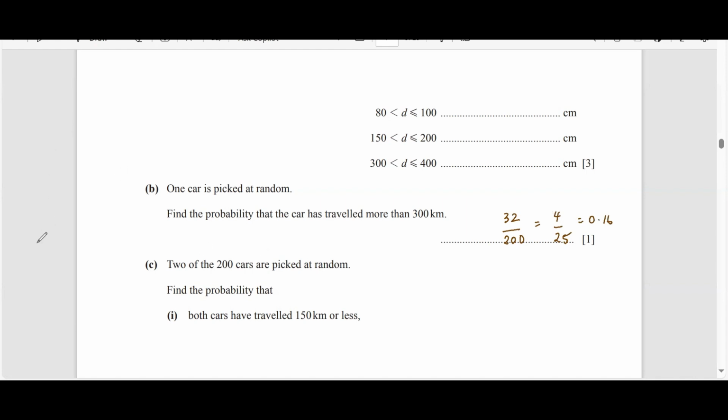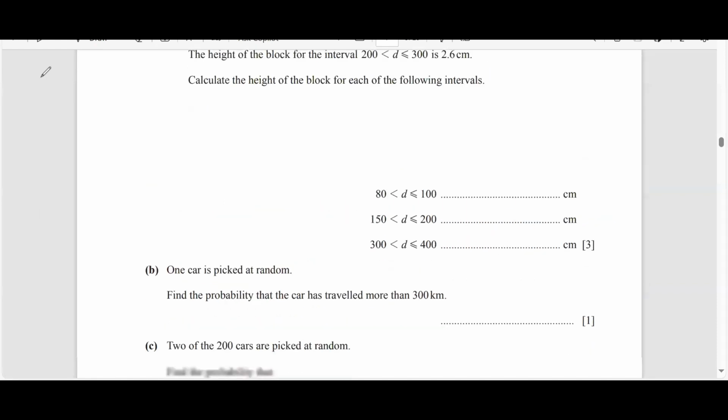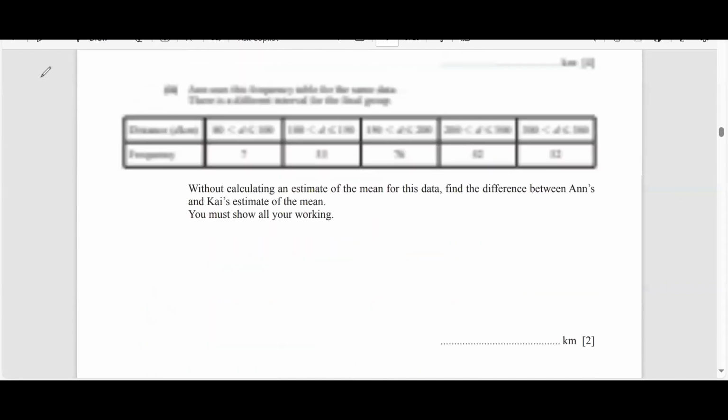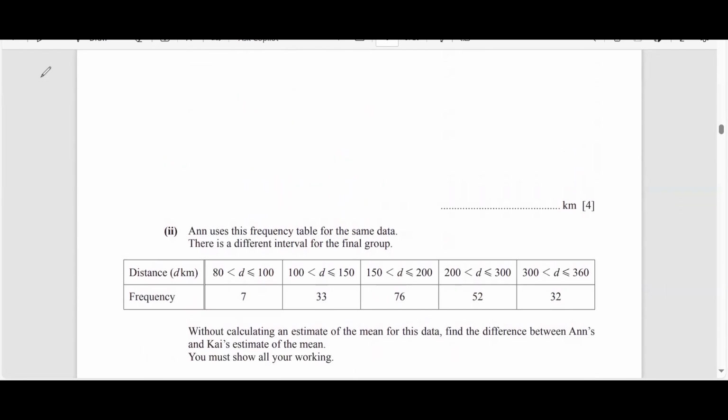Now, the next one here: two of the 200 cars are picked at random. Find the probability that both the cars have traveled 150 kilometer or less. So again, going back to the frequency table, 150 kilometer or less means 33 plus 7, we can consider only these two. So 33 plus 7 is 40. There are 40 cars out of 200, and that is for the first attempt.